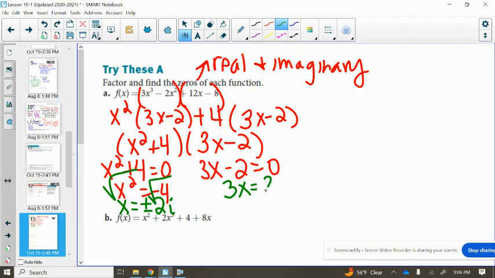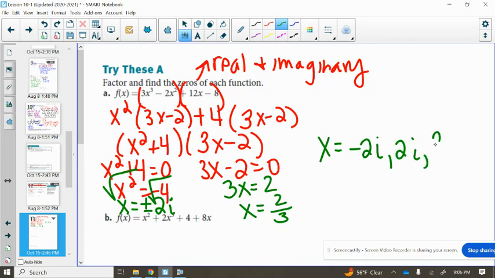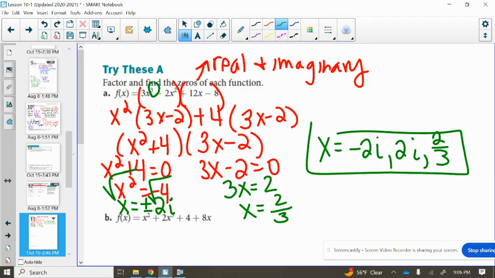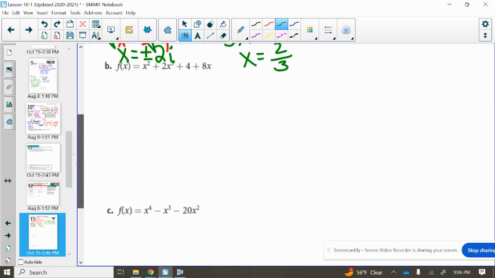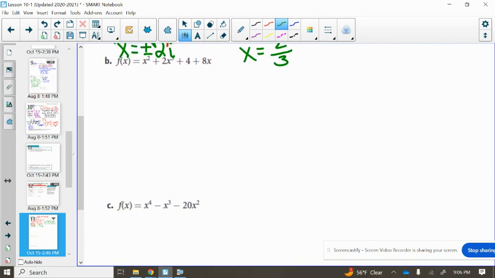On the other hand, over here, this is going to end up being a real zero. And as we solve, we get 2/3. So officially our three zeros are negative 2i, positive 2i, and 2/3. And again, that will match our degree 3, those three zeros that we have. All right, take a moment to try letter B on your own.